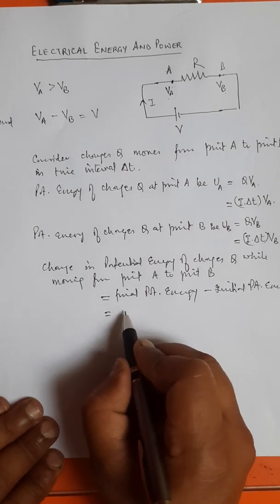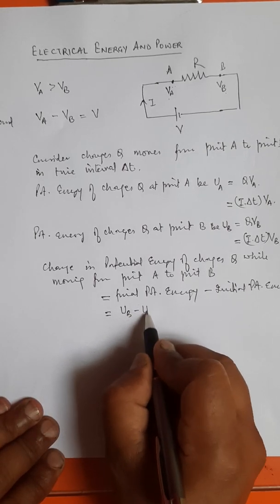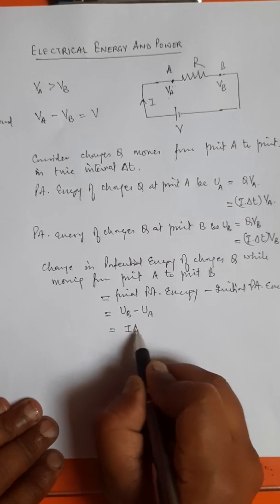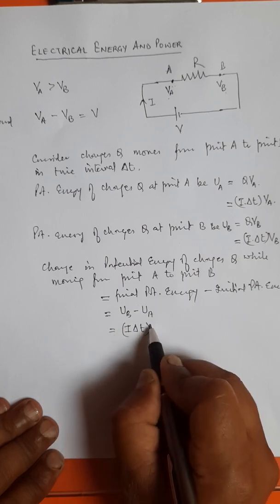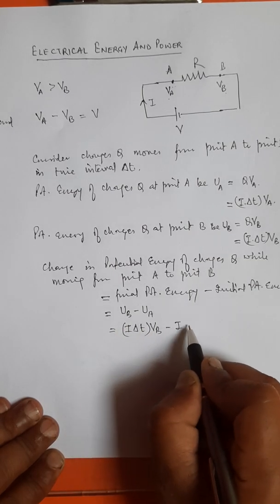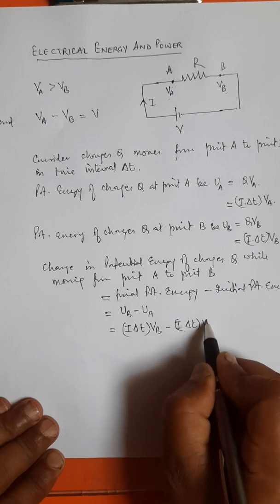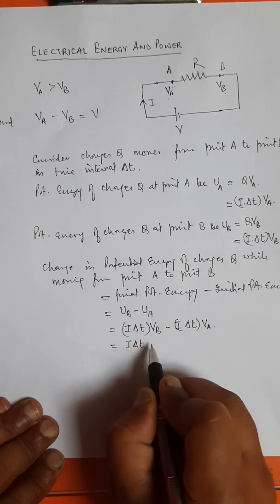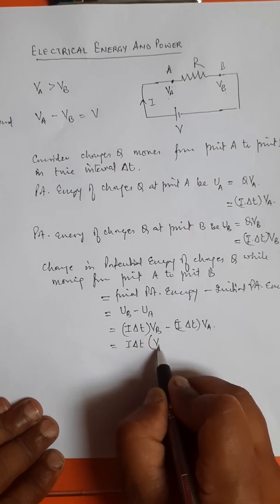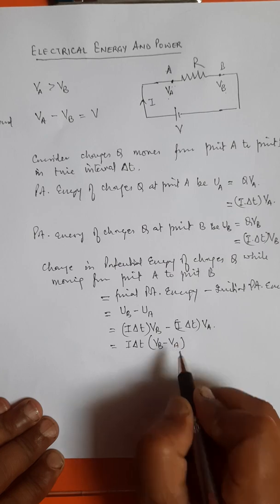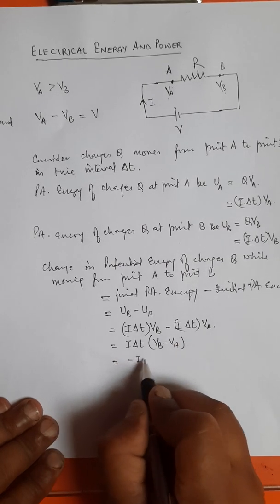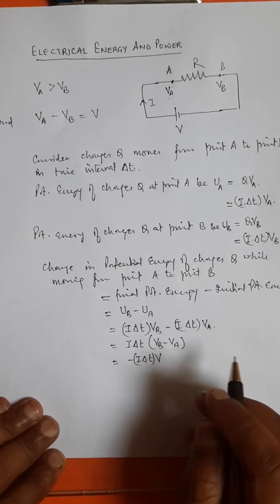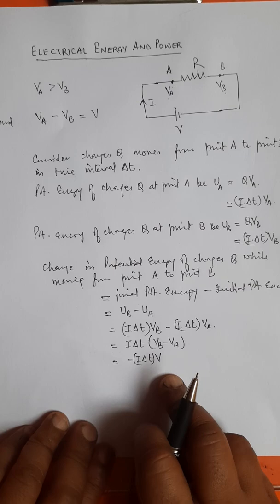So we can write UB minus UA, and this is equal to I delta T VB minus I delta T VA, or this is equal to I delta T into VB minus VA, and this is equal to minus I delta T V. Why do I put a negative sign here?